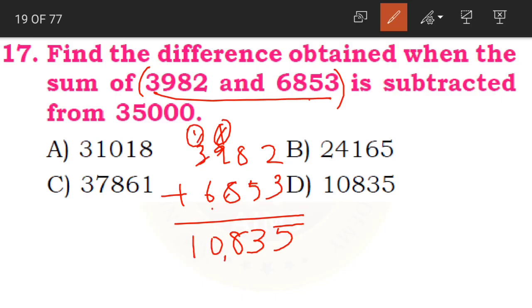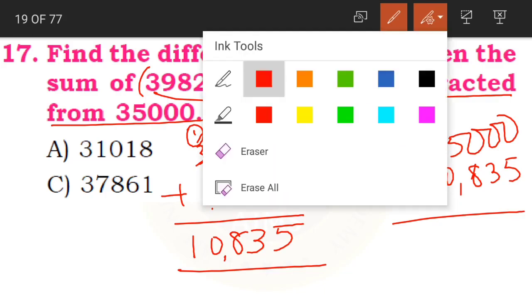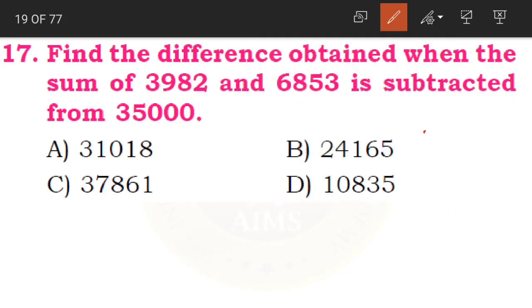What is the sum, children? 10,835. Now what should we do with this sum? It is to be subtracted from 35,000. So 35,000 is written first, then subtract 10,835. Here comes the problem of zeros. I will write it clearly.